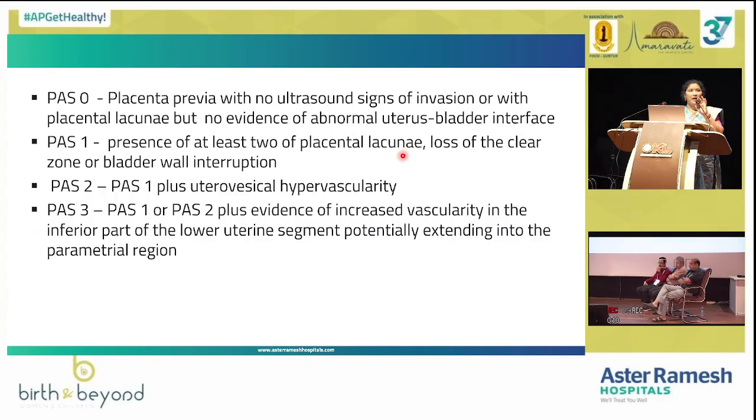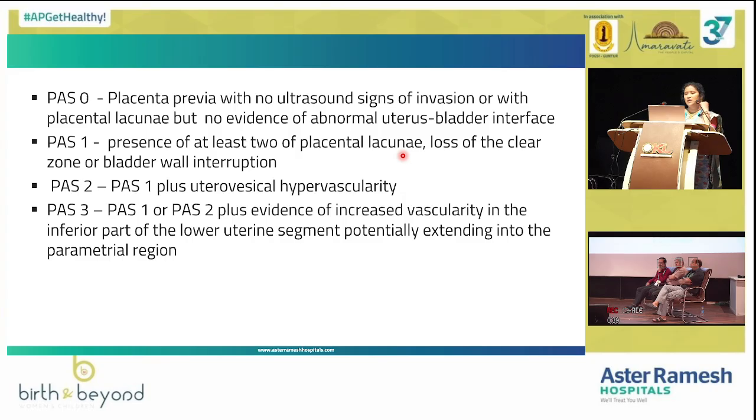So this staging based on ultrasound they have given, and they have compared it with the outcome. So PAS 0 is when you have a placenta previa with no ultrasound signs of invasion, or if you see placental lacunae but no evidence of abnormal uterus-bladder interface, then it comes PAS 0. 1 is presence of at least 2 of the placental lacunae, loss of clear zone, and bladder wall interruption. 2 is 1 plus uterovesical hypervascularity.